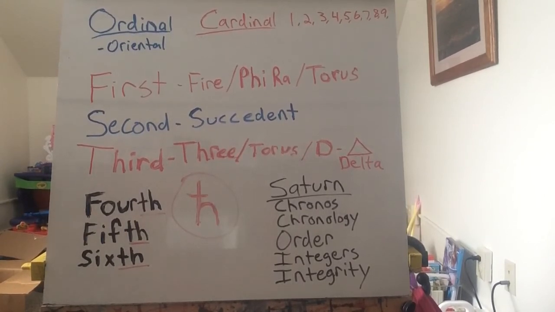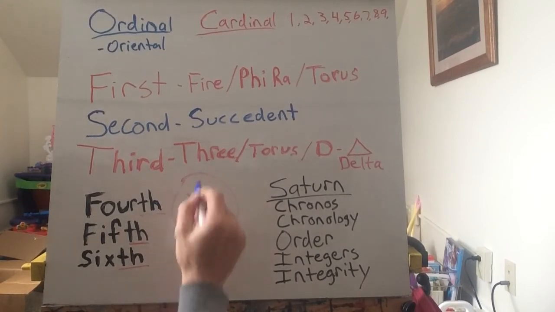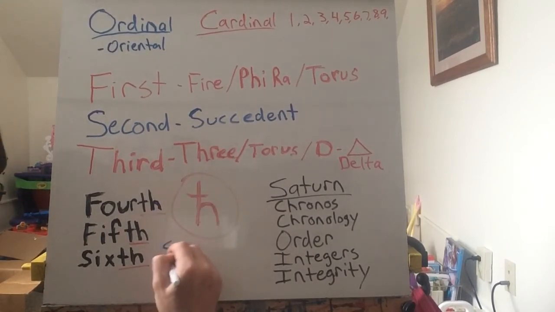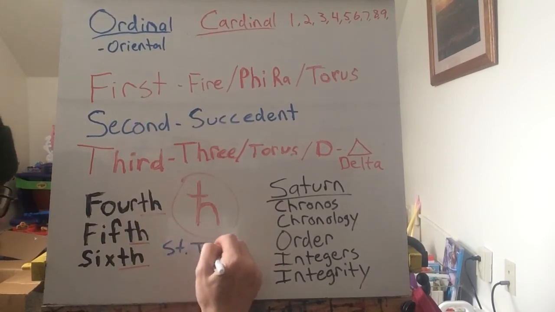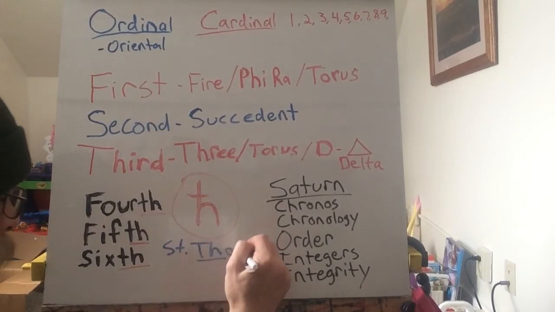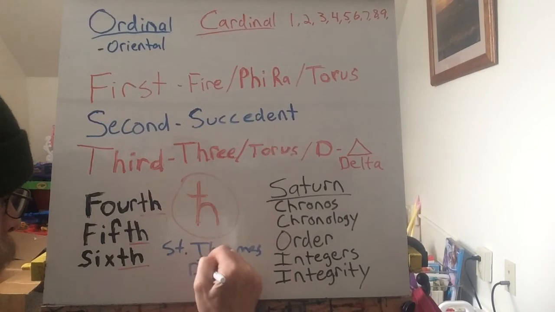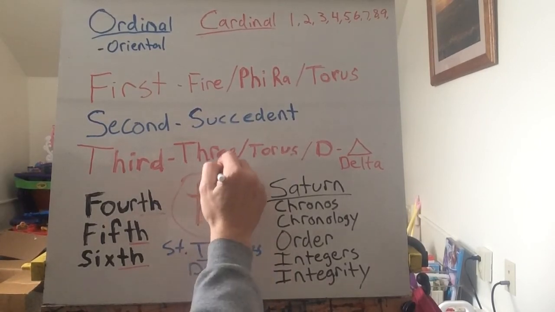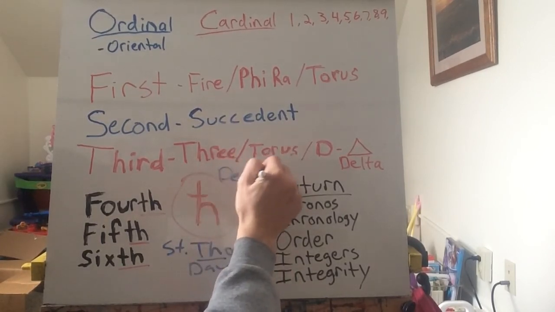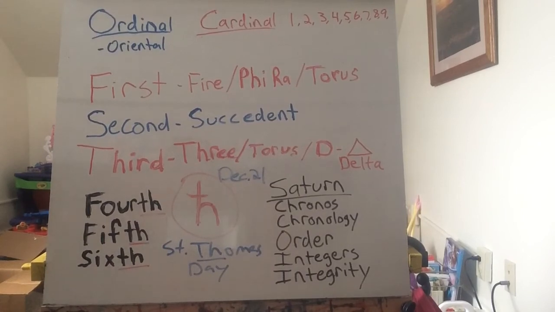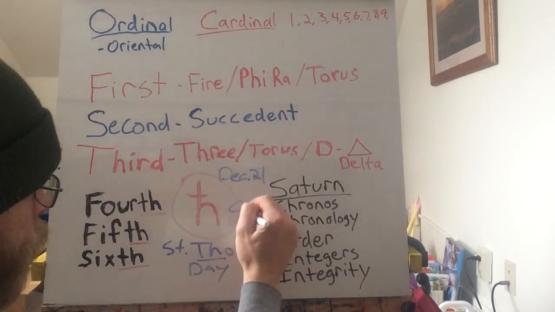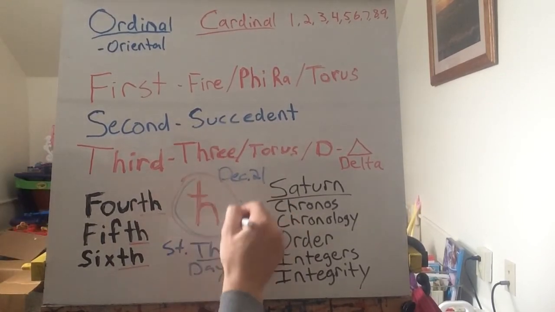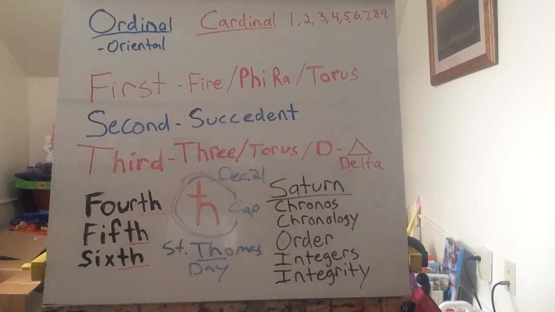So there's another one, and the very first thing that popped into my head with that insight was Saint Thomas Day, which is December 21st. That's the day that the sun enters Capricorn, which is the sign that Saturn is the ruler of.